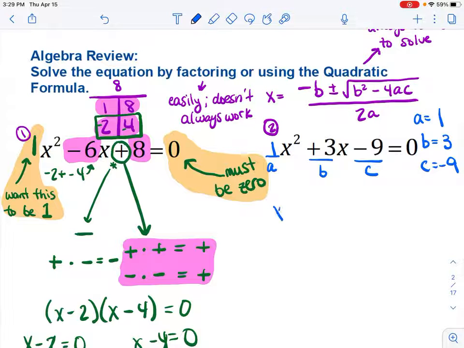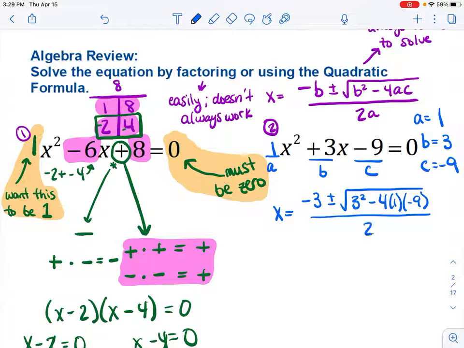So I go ahead and plug this in. X equals -b plus or minus radical b squared minus 4 times A times C all over 2 times A. Now, I usually start by simplifying what is under the radical.